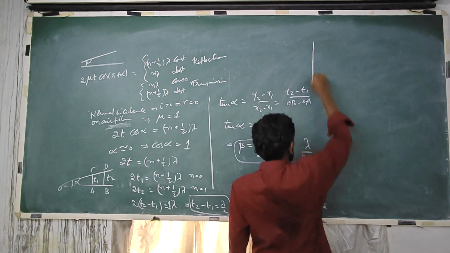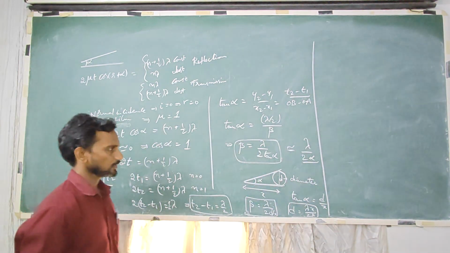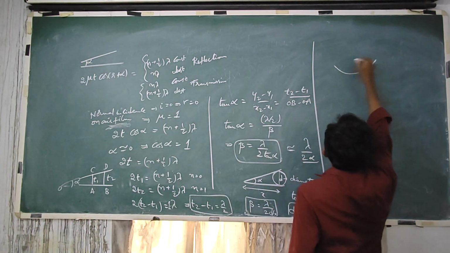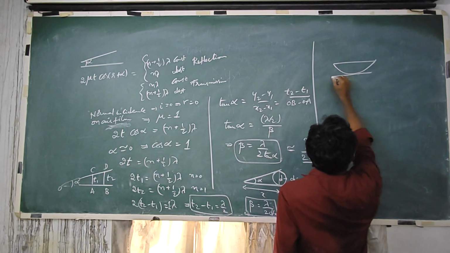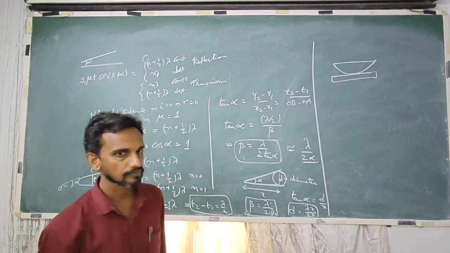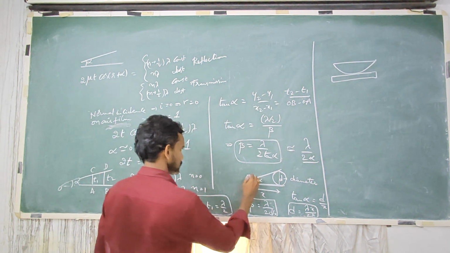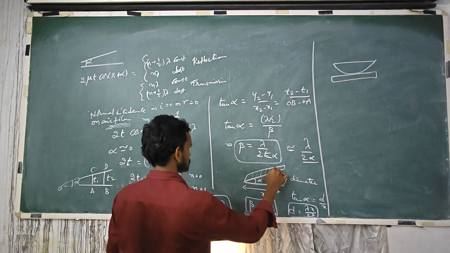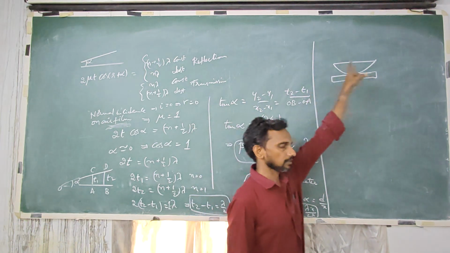Okay, so now we use the same condition for a circular glass plate. So here these two are plain glass plates. So let's say this is a plain glass plate. So you get fringes like this. Instead of plain glass plate, you take a circular glass plate.